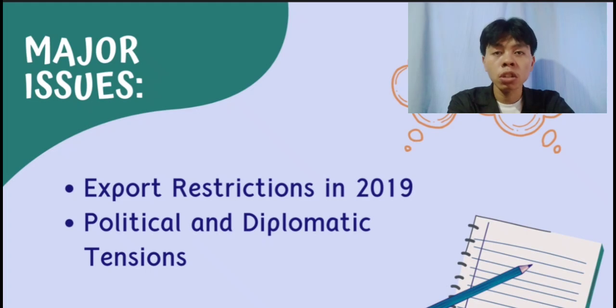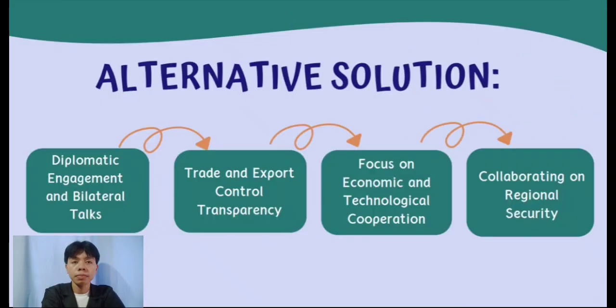This restriction imposed in July 2019 targeted critical materials used in South Korea's high-tech industry, particularly those essential for manufacturing semiconductors and displays. South Korea viewed this action as a violation of international trade rules.